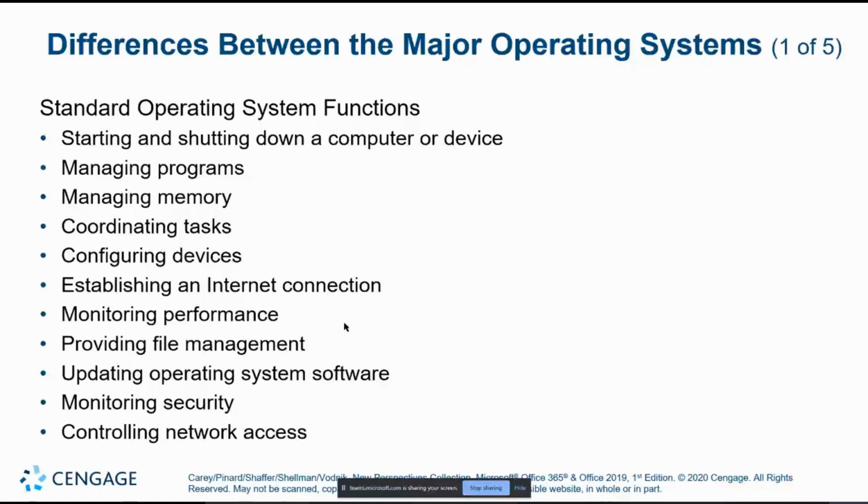Managing programs, like I said, giving them CPU time, giving them access to RAM or storage space. Configuring devices. I'm not going to go too far into detail on this either, because for the most part, configuring devices is just a matter of plugging it in and waiting a few minutes.